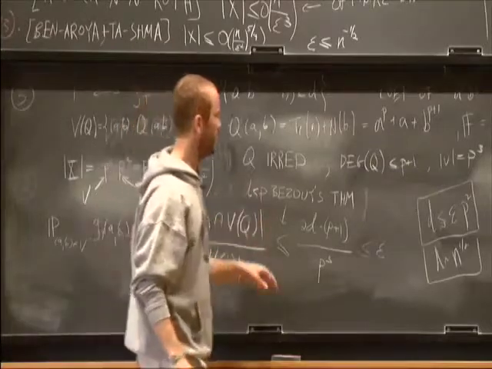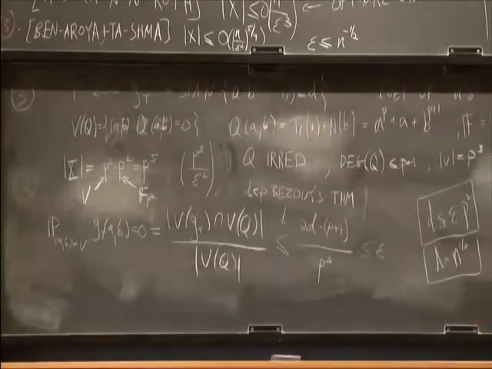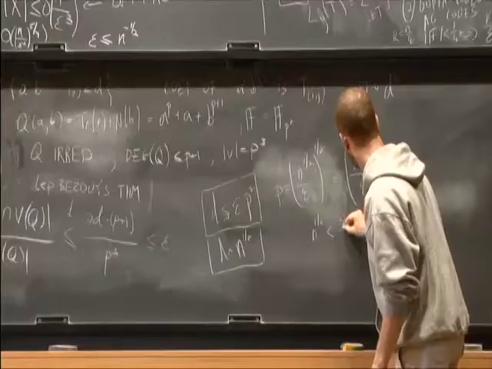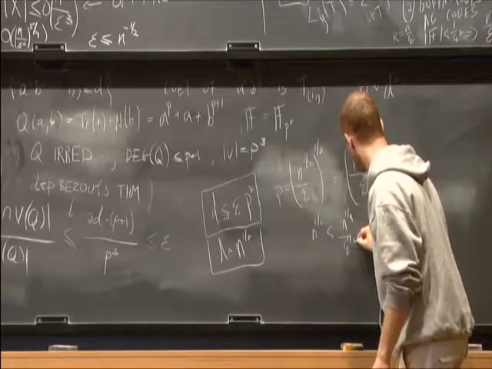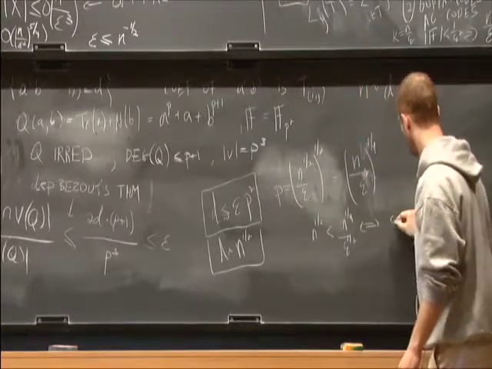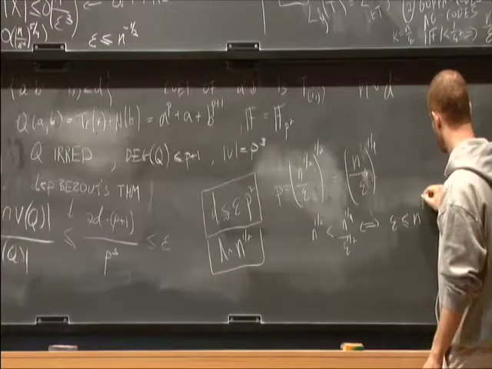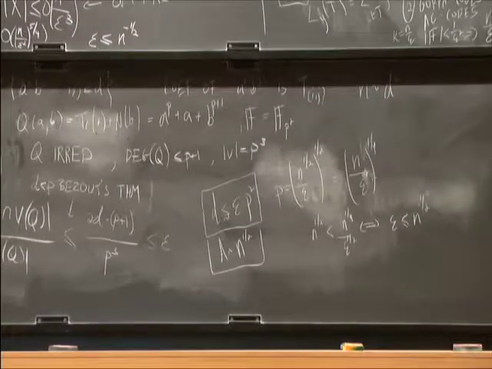So here we use D is at most P. And in this language, it tells us that n to the 1/2 is at most n to the 1 over 4 over epsilon to the 1/2, which tells us that epsilon should be small.